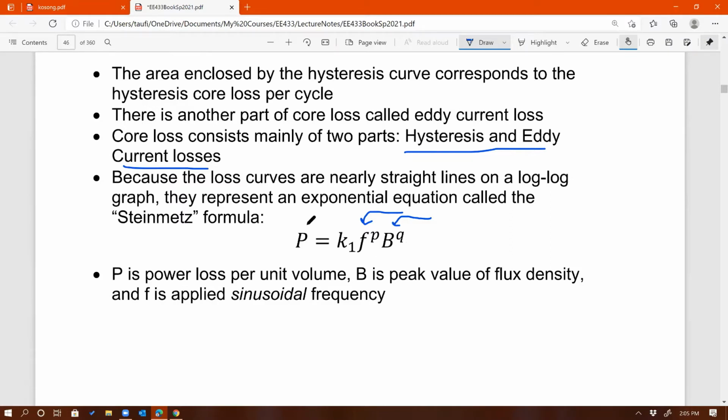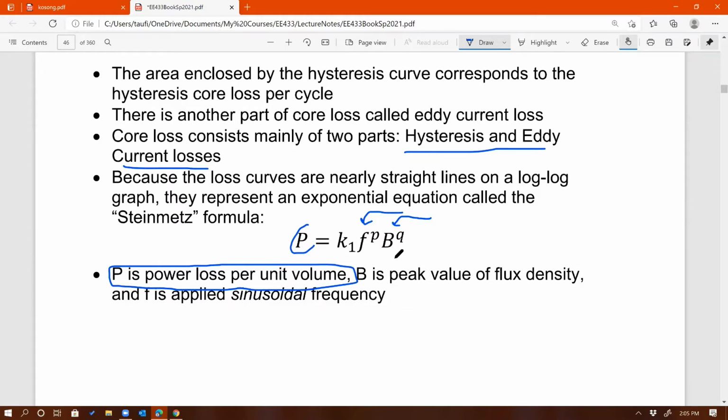And P right here, in magnetics, is not really watts. It's typically given in watts per unit volume. So that's another thing that's unique about magnetic components: power loss is not typically given in watts, but rather in watts per unit volume. So you have to multiply by the volume of the core to get watts.